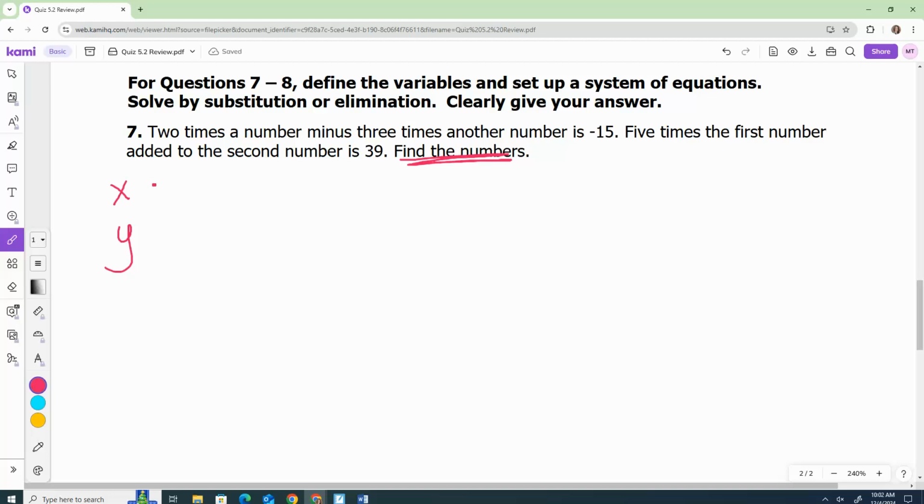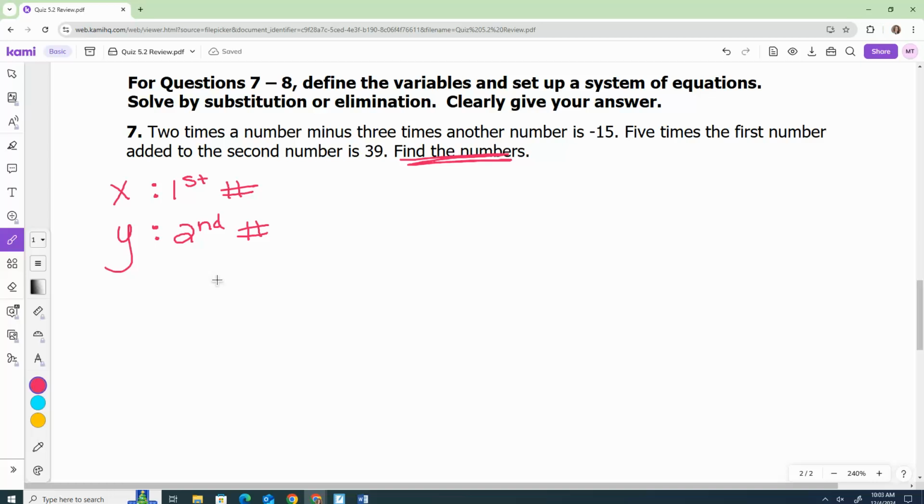So I need to say x is the first number and y is the second number. So make sure you tell me what your x and y represent. Even if it's just the 2 numbers, you have to write that piece out. Okay, x is the first, y is the second.